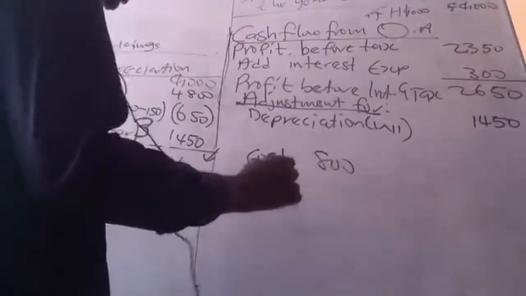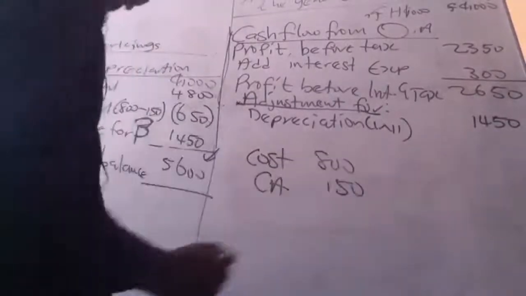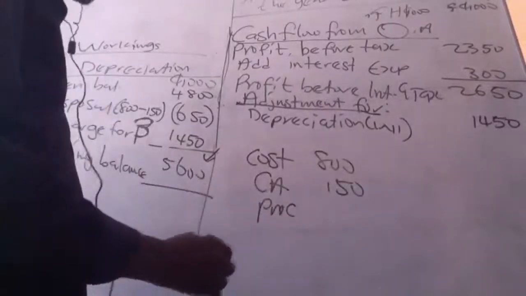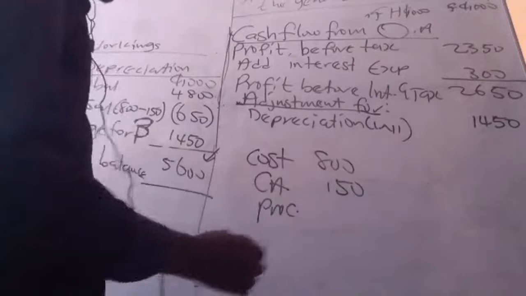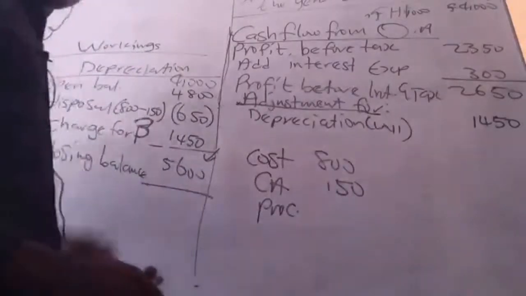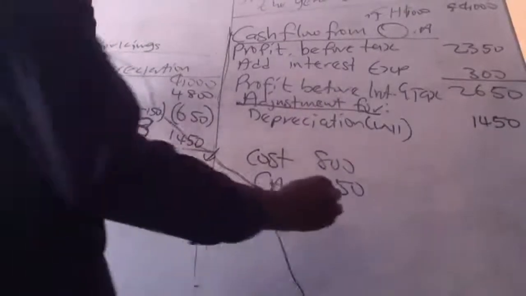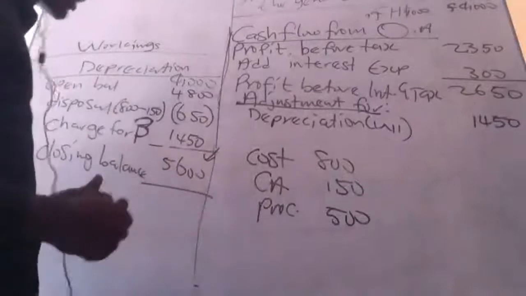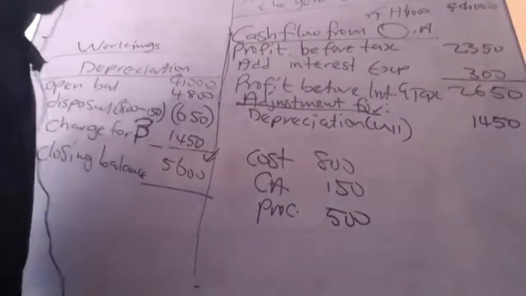Carrying amount is 150. Proceeds is what? They sold it for 500. Now calculate the profit or loss on disposal for me.